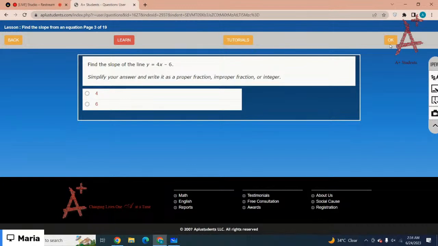You have to compare the given equation with y equals mx plus b. So the slope is 4. The correct option is 4.